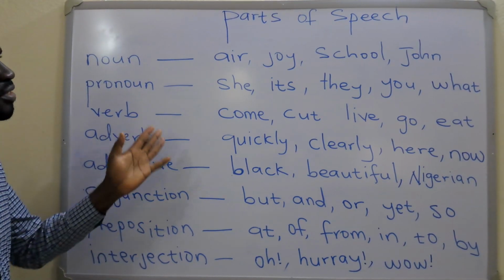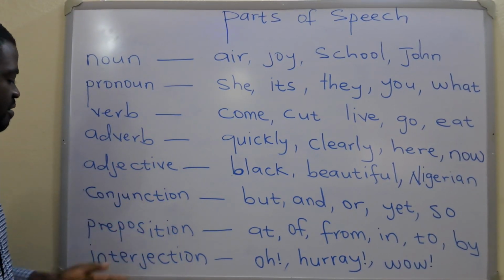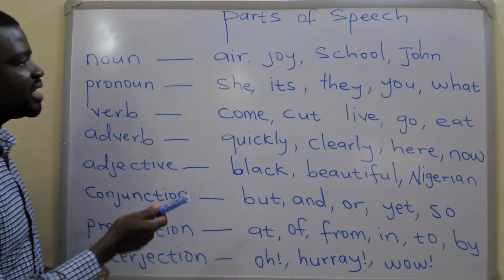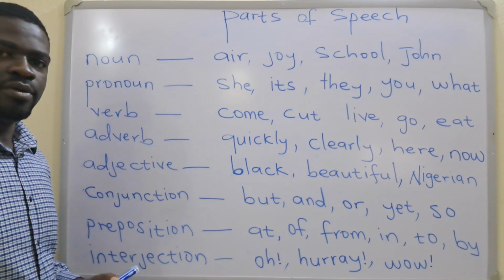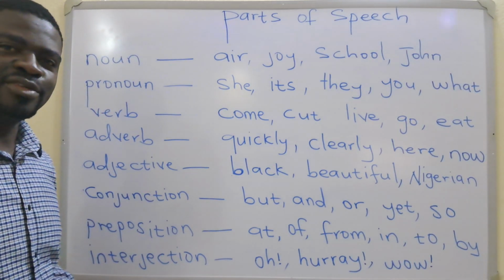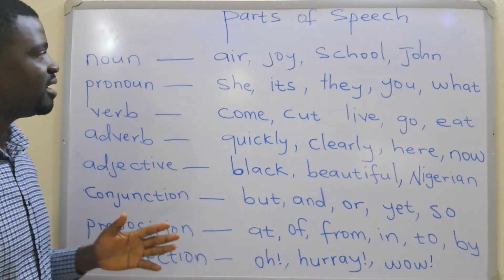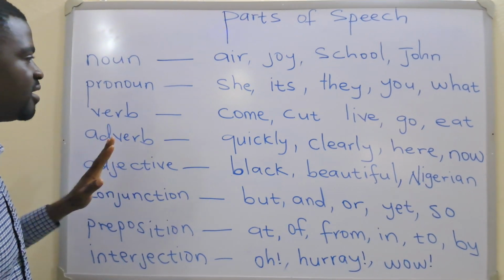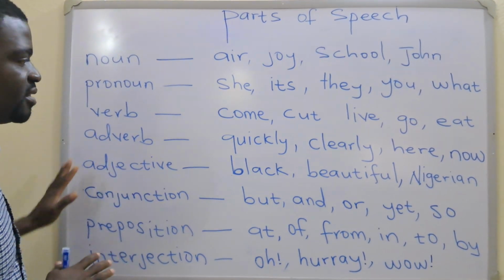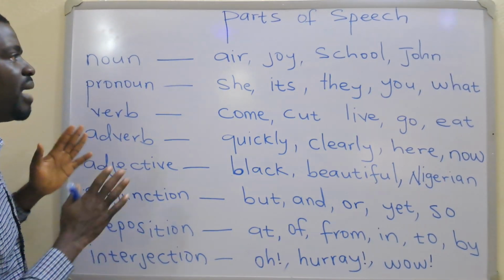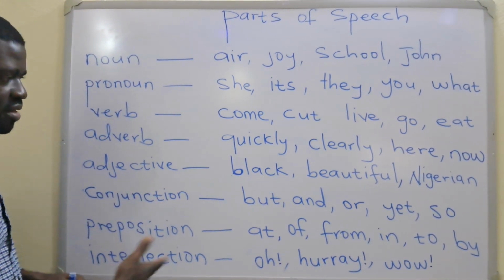There are examples of each of these classes of word here. So nouns basically, as you recall, if you still remember your primary school definition of noun, that would be very easy. Pronouns, verbs, and all of this. So these are the different classes of words or parts of speech and their examples.